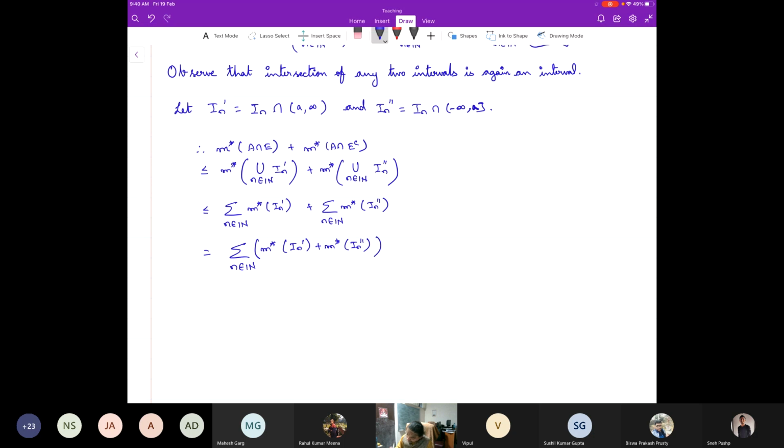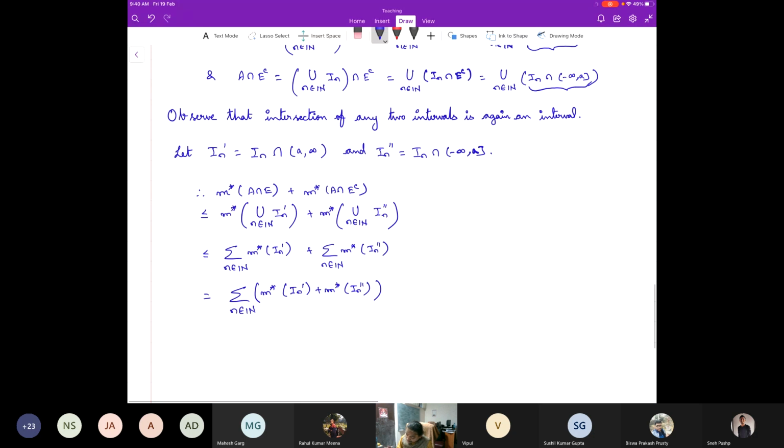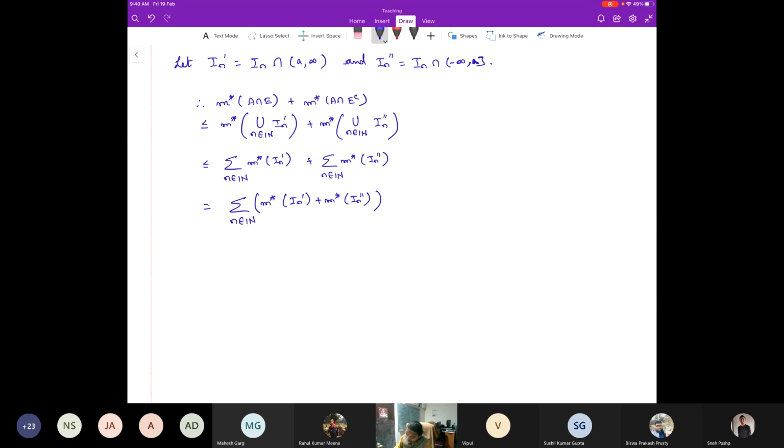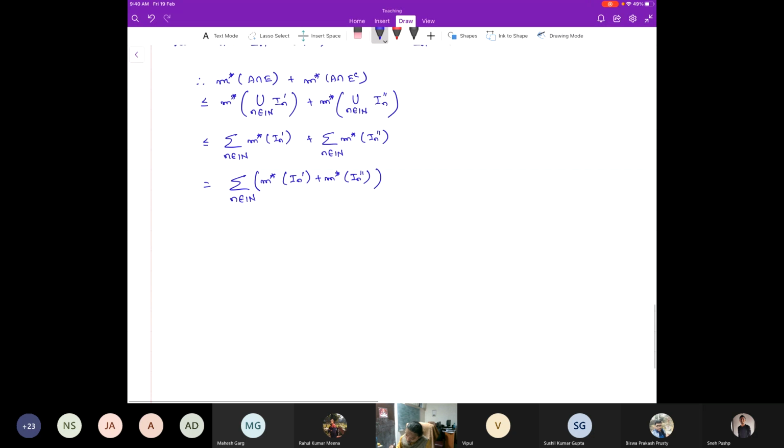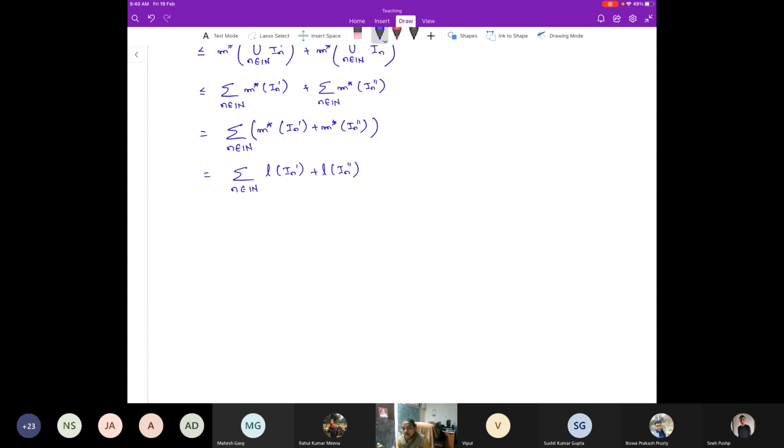The first thing to observe is that I_n dash and I_n double dash are disjoint, because I_n dash is I_n intersection with (a, infinity), while I_n double dash is I_n intersection with the complement. So this is the same as the summation over n in N of the length of I_n dash plus the length of I_n double dash. They are disjoint intervals. What is the length of two disjoint intervals?